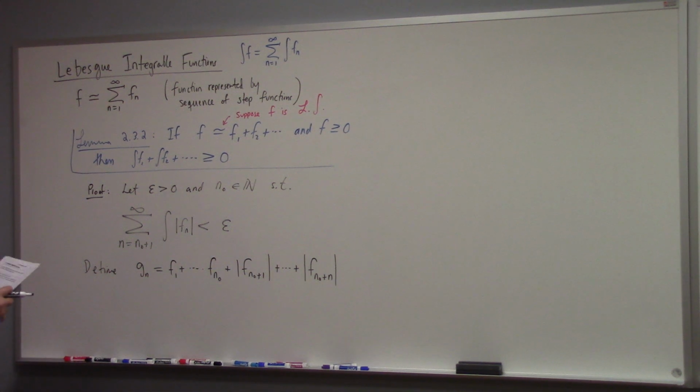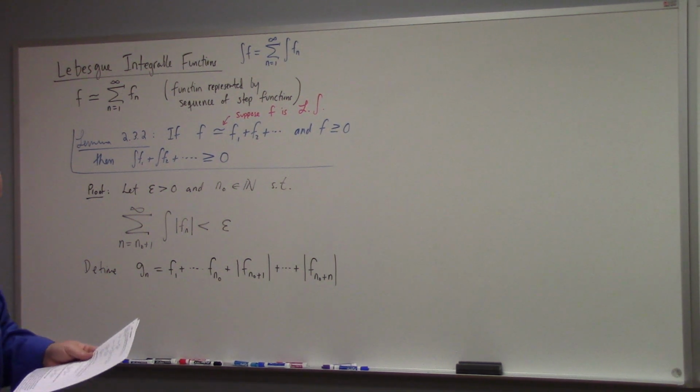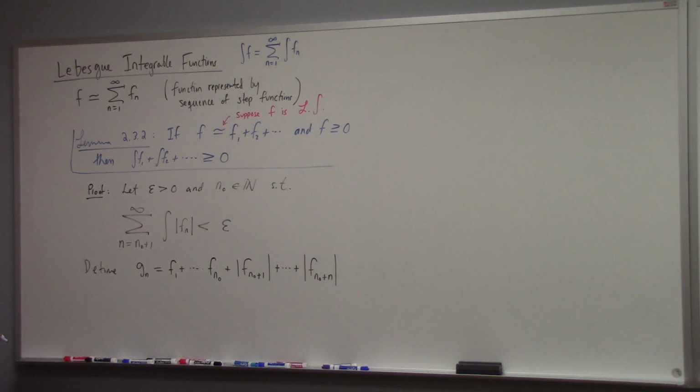Weird, like what? Okay, then what? He says for n equals, he says, since Gn is a non-decreasing sequence of step functions.